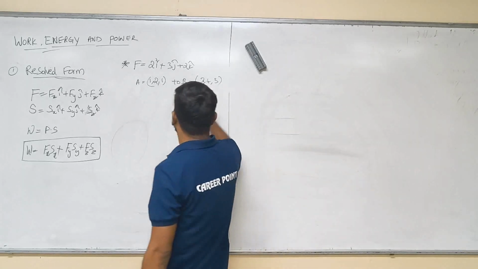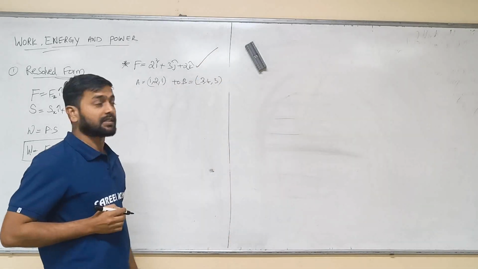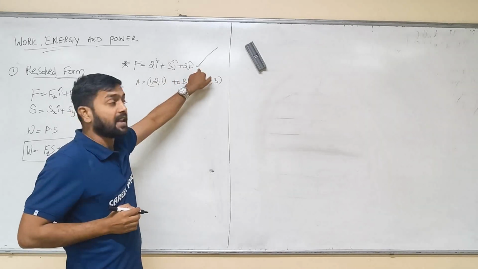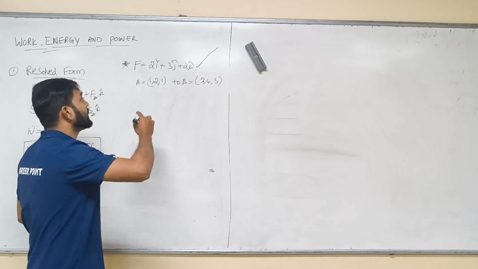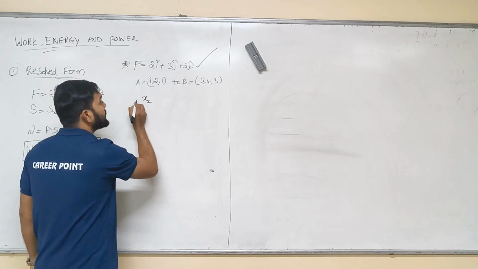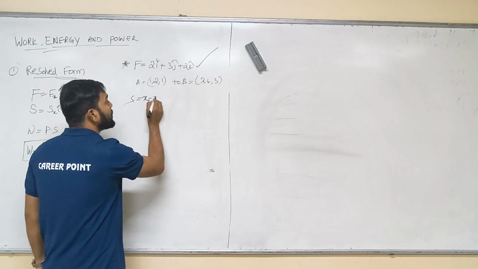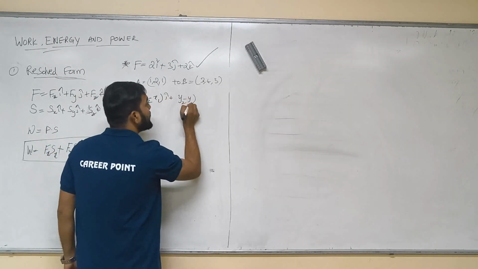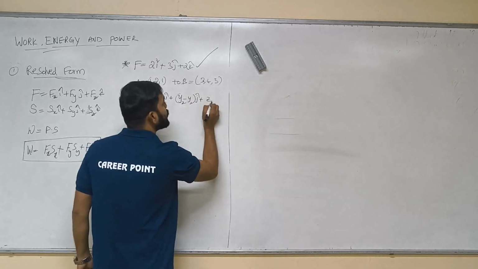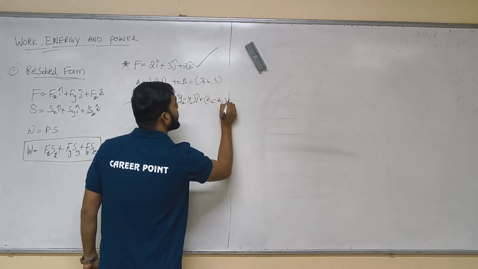So here the force is given directly. Now we need to find out the displacement. So what is displacement here? Here we know that the displacement S is equal to x2 minus x1 i cap plus y2 minus y1 j cap plus z2 minus z1 k cap.